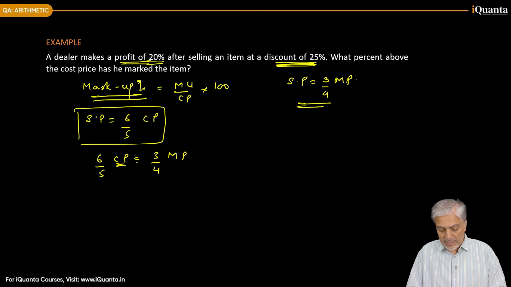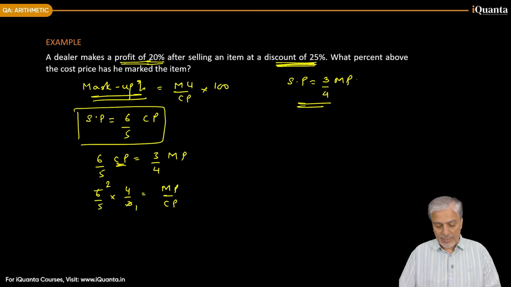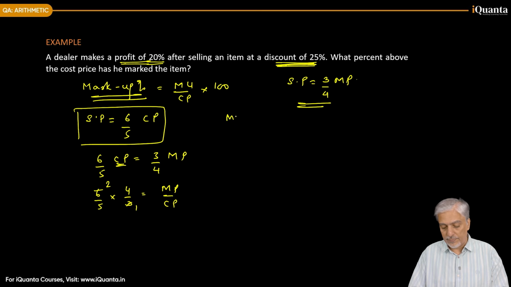Bring the cost price down from here. So I'll get 6 by 5 into 4 by 3 is mark price upon cost price. Let's cut whatever we can. 3 ones are, 3 twos are. So I've got the mark price upon cost price as 8 upon 5. So let's understand the concept.